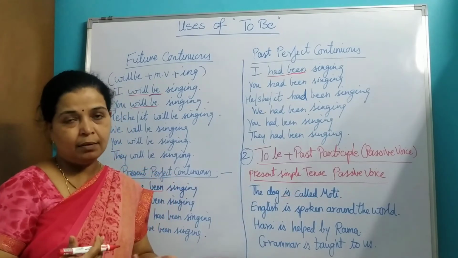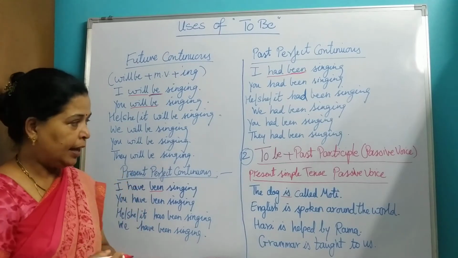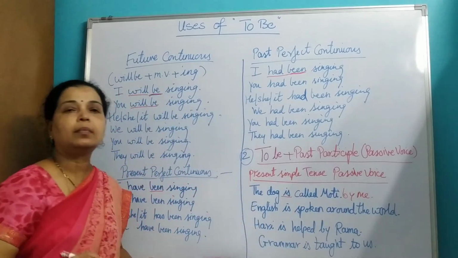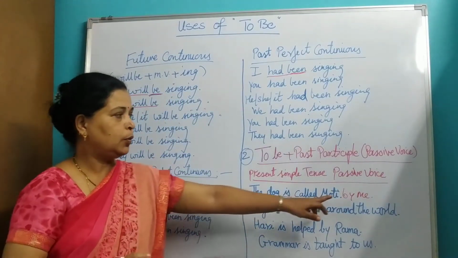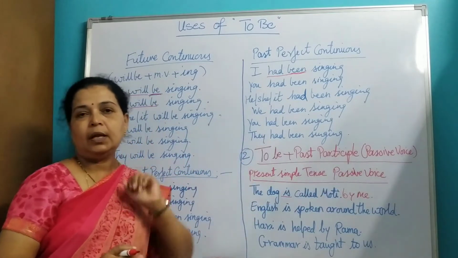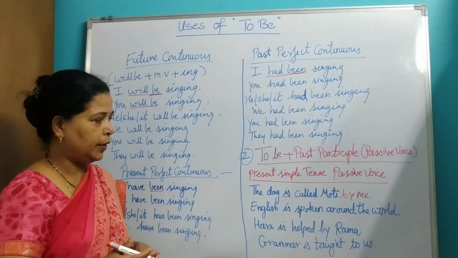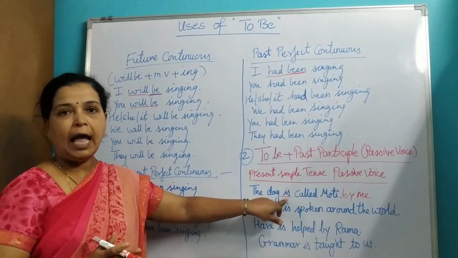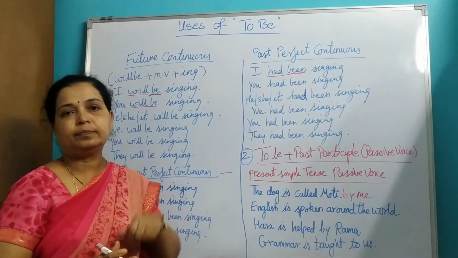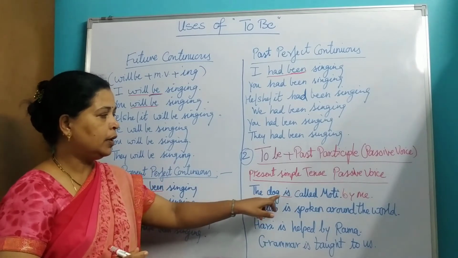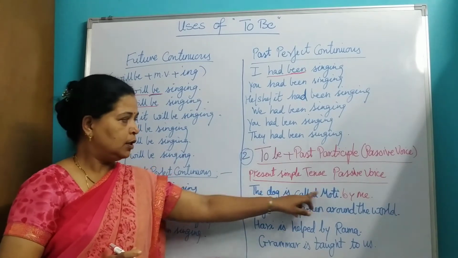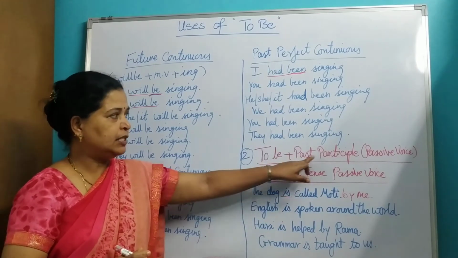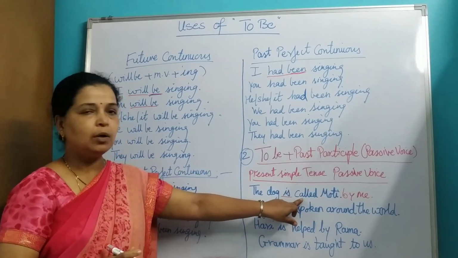By me, by him, it can be anyone. Usually in the passive voice we have by me, by someone, but even if it is not written, it is understood. We have to look at the verb is called. The dog is called Moti. So there is to be, which is here, and the past participle of the verb, which is called.